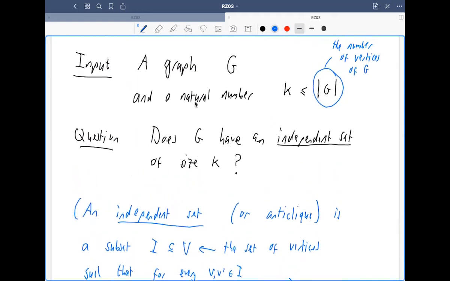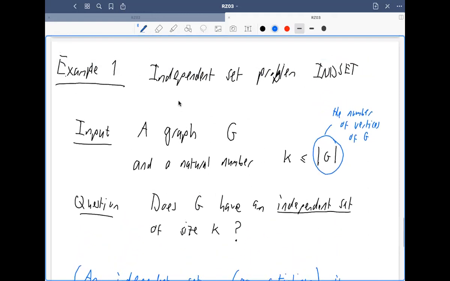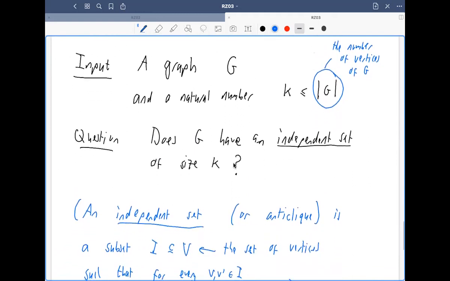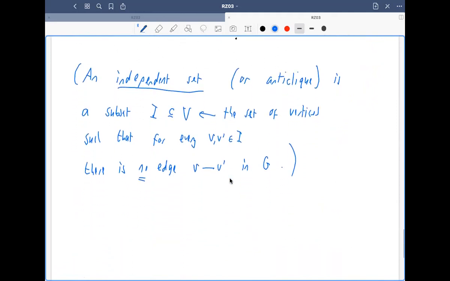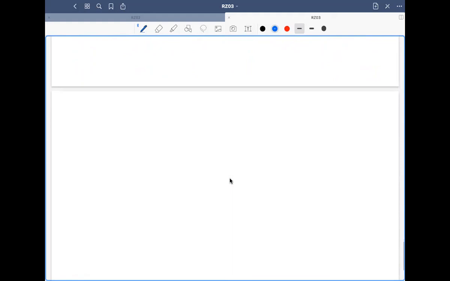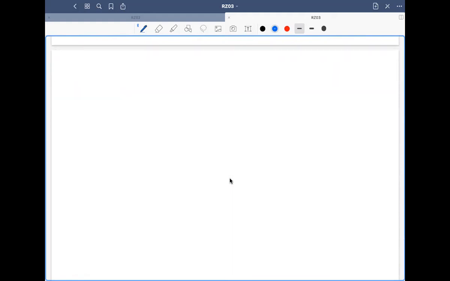What we're asking is whether some Turing machine can decide this: when we code up the input as a string, it accepts if G has an independent set of size k, and rejects if G does not have an independent set of size k. So let's code this up as a problem about words.